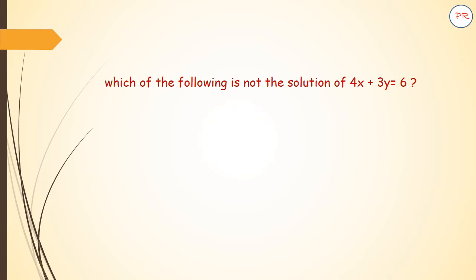Next question. Which of the following is not the solution of 4x plus 3y is equal to 6? Options are A minus 3, 6, B 0, 2, C 3, minus 2, D 2, 1.